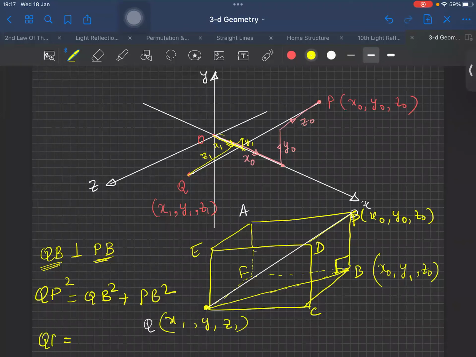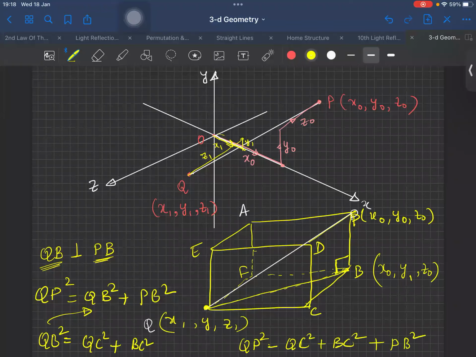QB square will be equal to QC square plus BC square. Now you substitute it here, so we get QP square is equal to QC square plus BC square plus PB square.